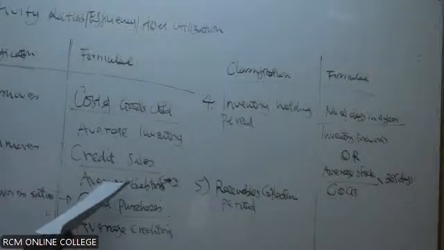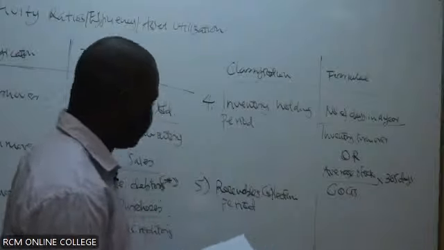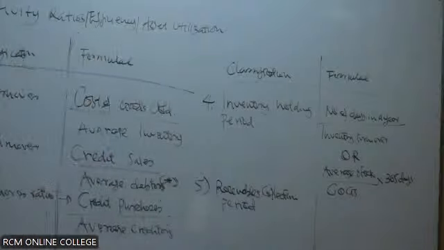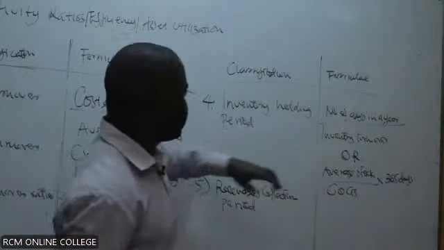So in this case, you take the number of days in a year, you divide by this ratio. Tunaona hapa tulifanya tu the same thing. So number of days in a year tukadivide na hii ratio.